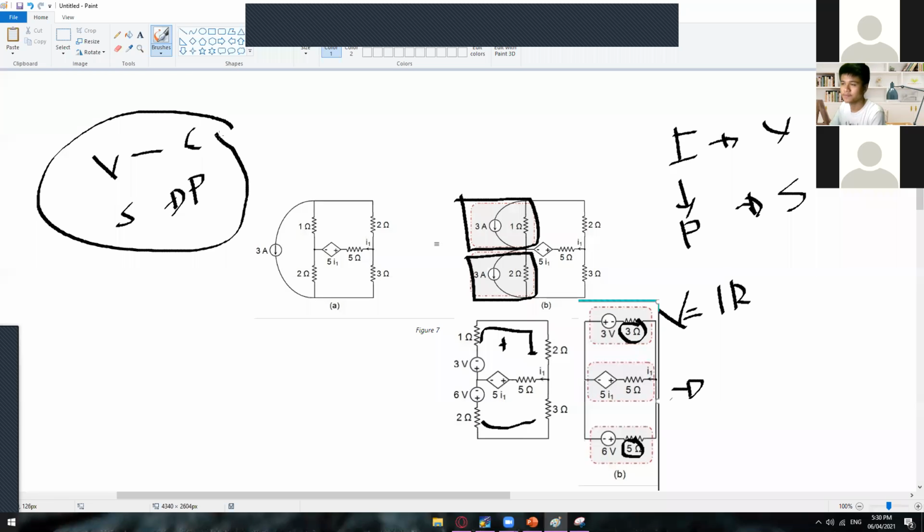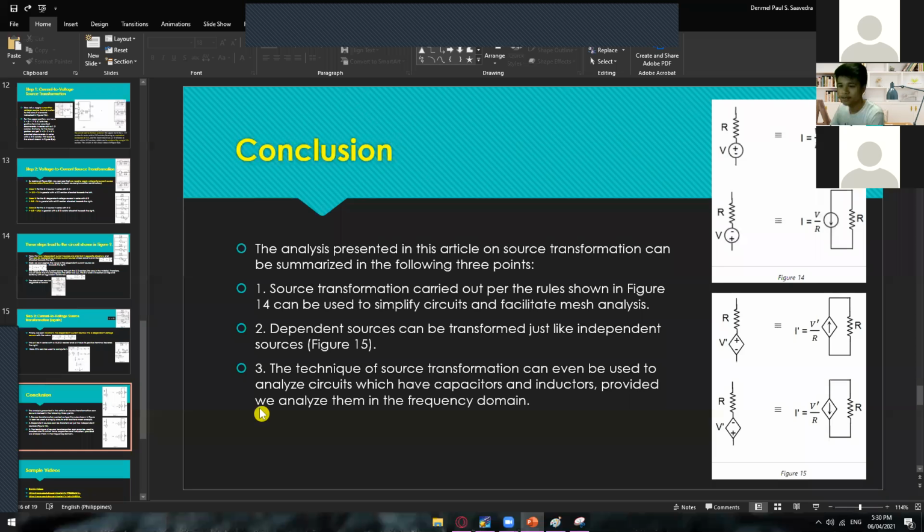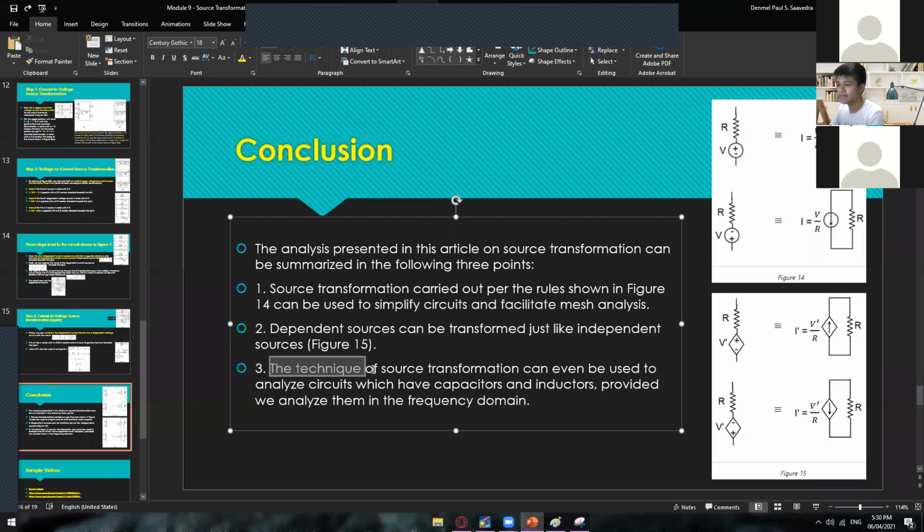That's always the logic behind source transformation. And dependent sources can be transformed just like independent sources. And lastly, the technique of source transformation can even be used to analyze circuits which have capacitors and inductors, provided we analyze them in the frequency domain.